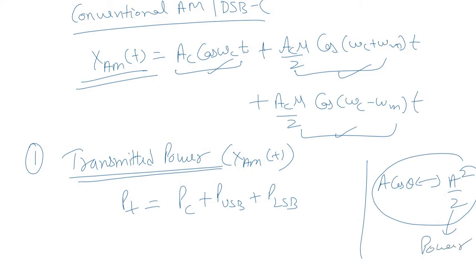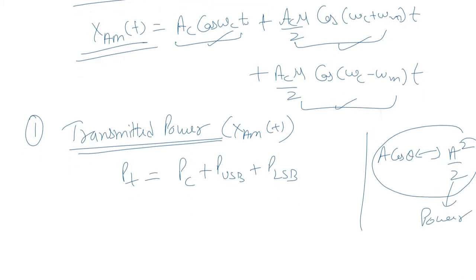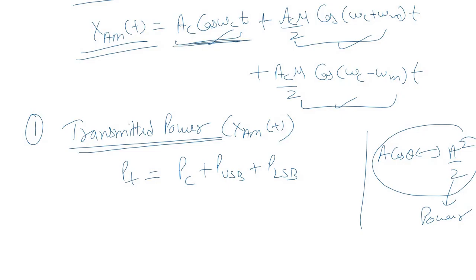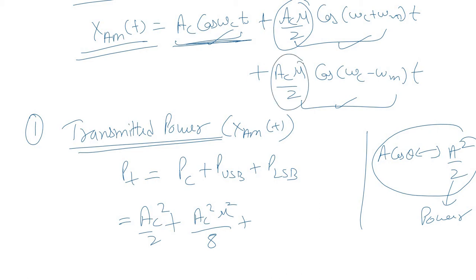Now since all the three are sinusoidal signals, the power of the carrier signal will be Ac squared by 2, plus the power of the upper sideband would be half of its amplitude squared, that is Ac squared mu squared by 8, plus the same for the lower sideband. The lower sideband and the upper sideband have the same power, Ac squared mu squared by 8. So this is the total power.